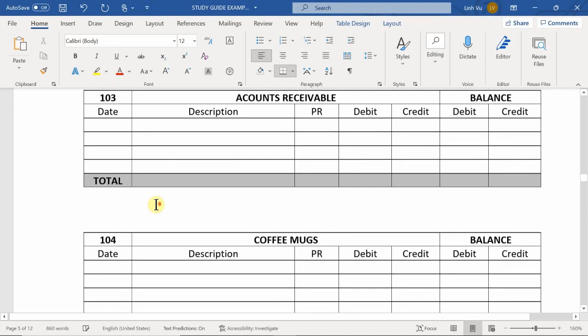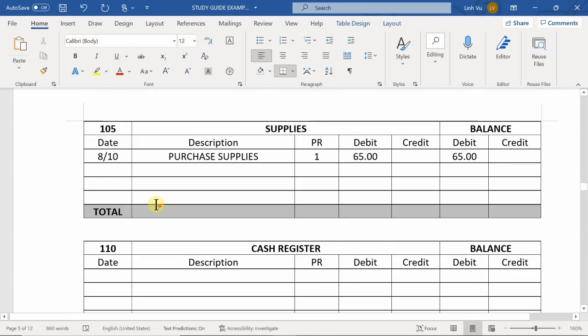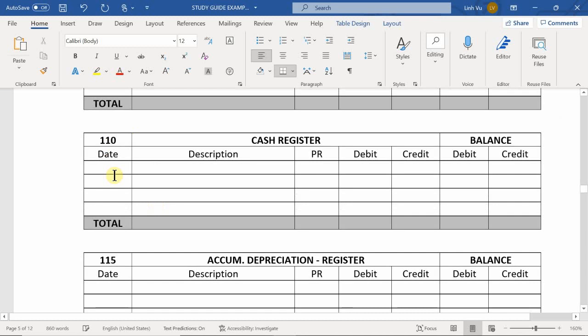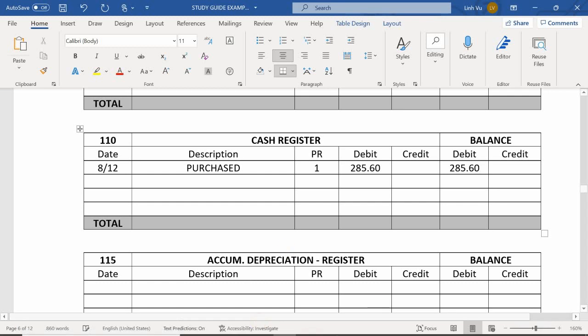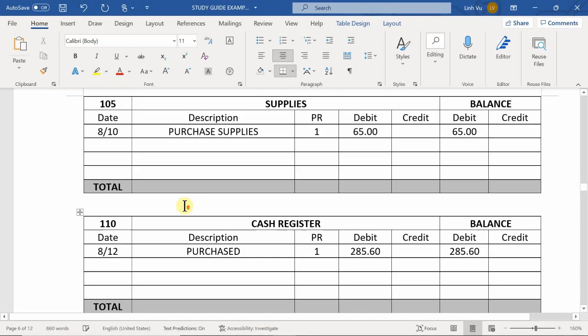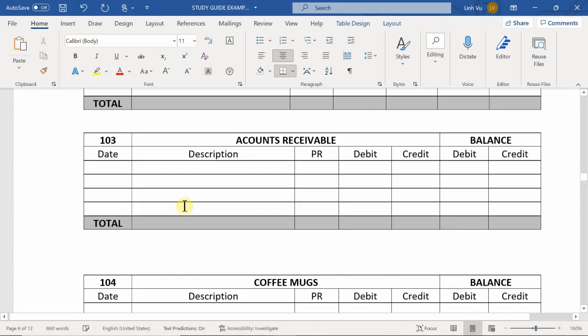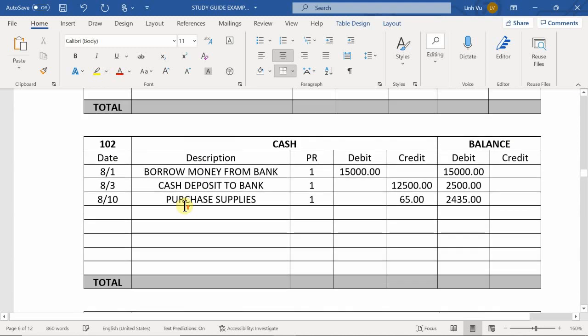Then purchase, just purchase. It's obvious that's the cash register, no? Yep, you could just write purchased. And on the debit we have 285.60 and 285.60 balance.